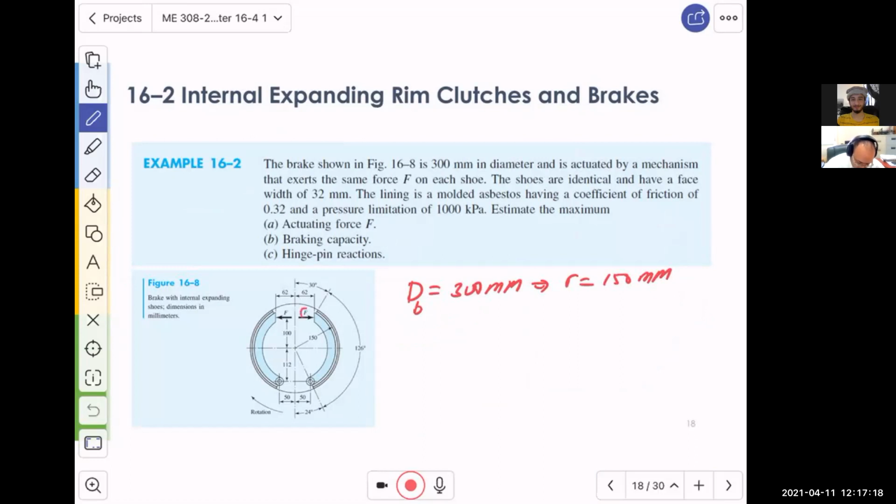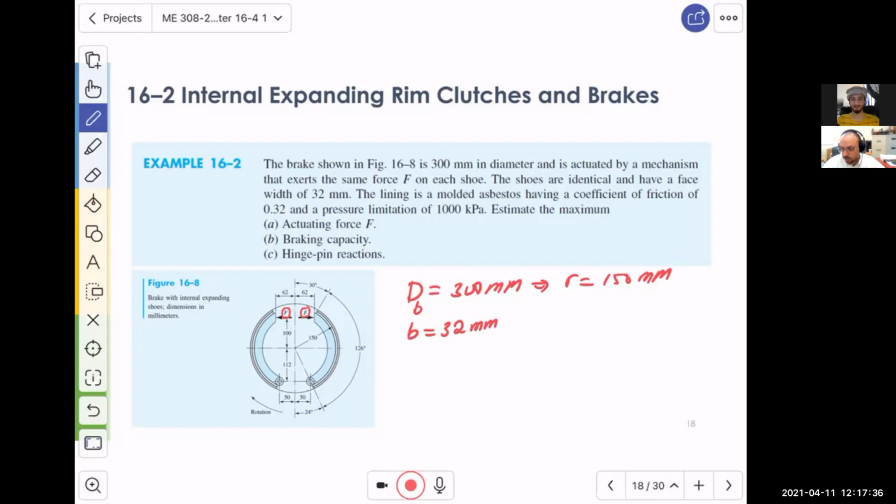Look at the forces over there. We have a right shoe and a left shoe, and the shoes are identical and have a face width B equal to 32 millimeter.